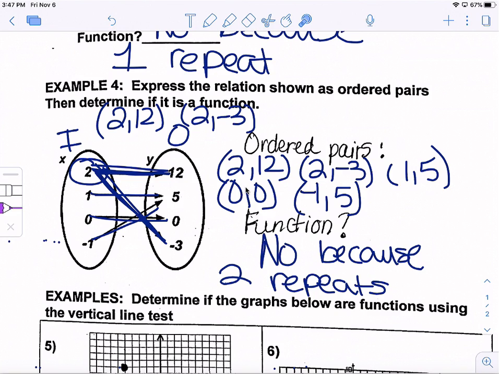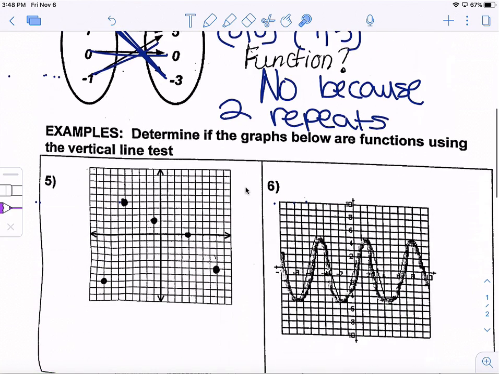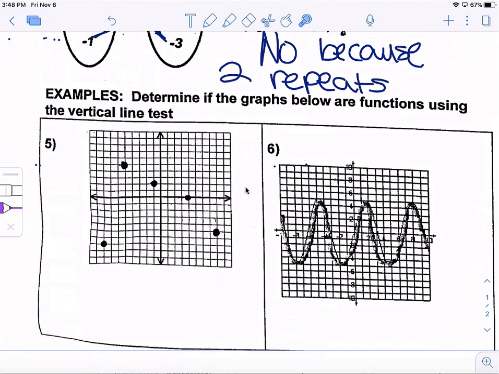So the way you can tell on a mapping is if you have 2 lines coming out of an input, then it's not a function. And then you can also do what's called a vertical line test to tell if a graph is a function. If you move across the graph, you want to make sure that the x value is not repeated.